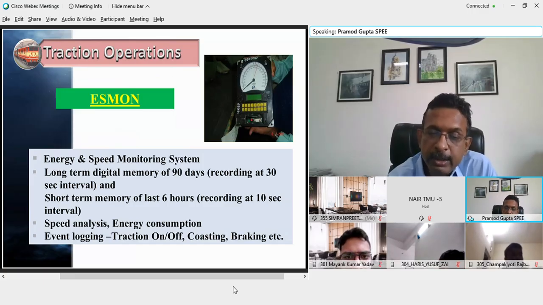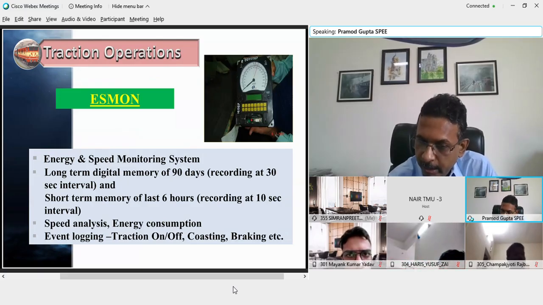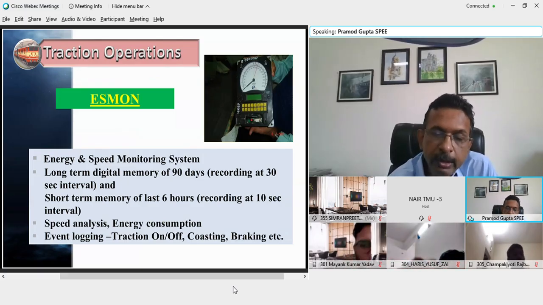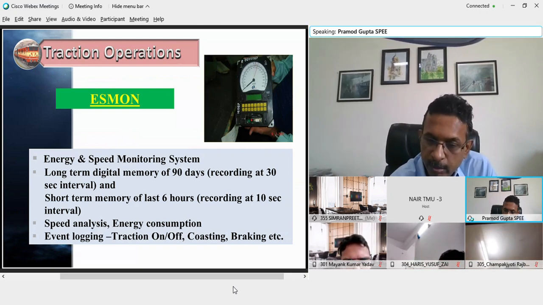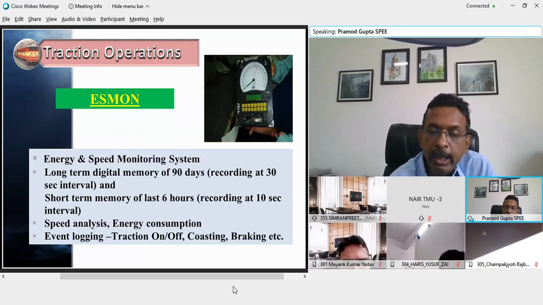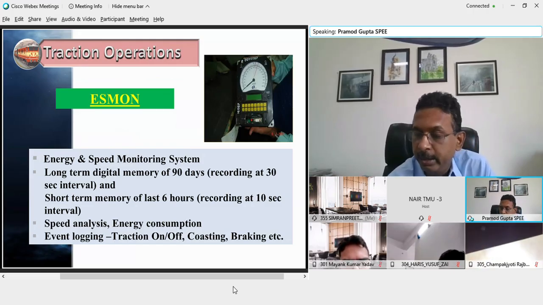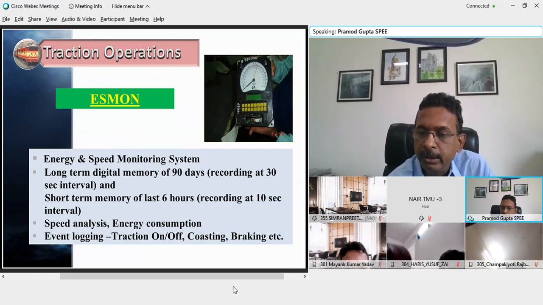The SMON itself has resulted in a lot of energy saving in Indian Railways in electric traction, because now they know that they are under monitoring at the interval of every 10 seconds.